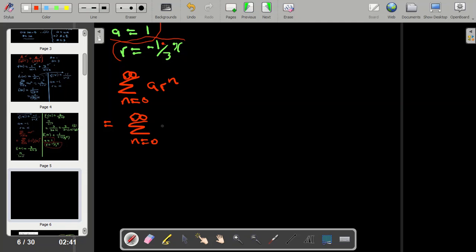And then our r is negative 1 over 3 of x, to the power n. We can simplify this and factorize the negative 1 and the 3.